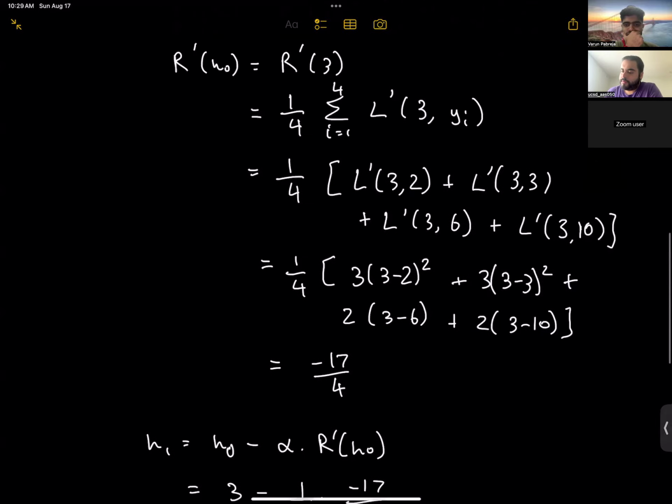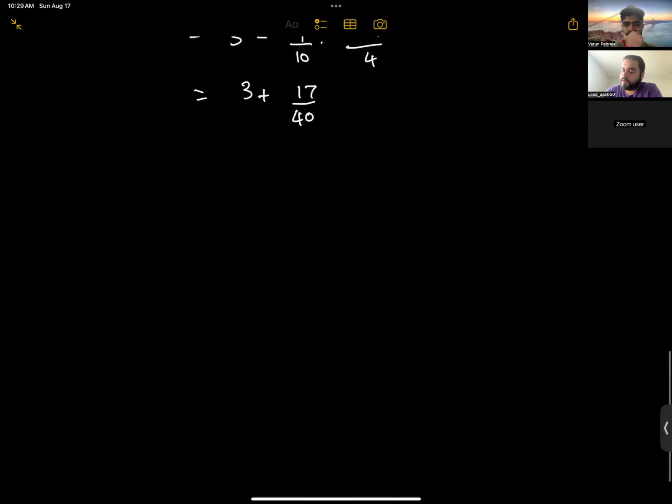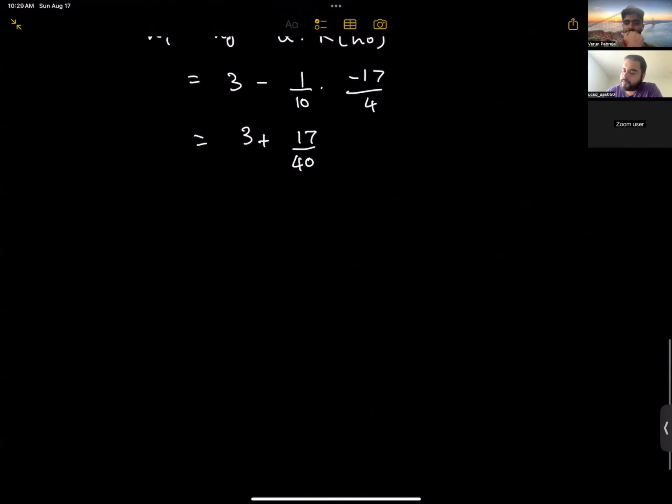Okay. Let's look at the next part. For the same data set, suppose instead we did one iteration of gradient descent on R of h, but starting at a different initial prediction, h0 of 7. Using the same step size of alpha 1 over 10, calculate h1, the prediction after the first iteration from this new starting point.